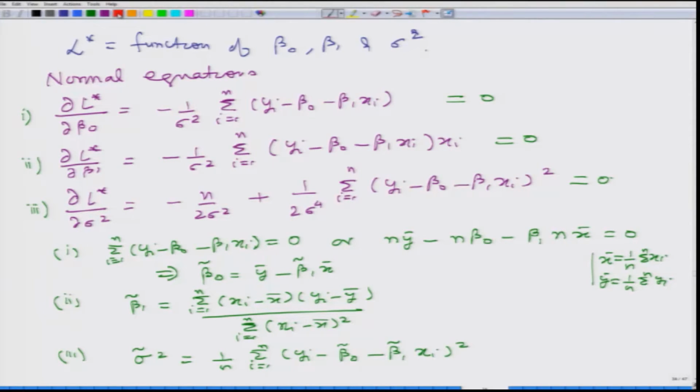One thing which I would like you to observe is that beta 0 tilde and beta 1 tilde are the same as the ordinary least square estimators of beta 0 and beta 1. If you recall, earlier using the principle of least squares we obtained beta 0 hat and beta 1 hat, and these two values are the same.